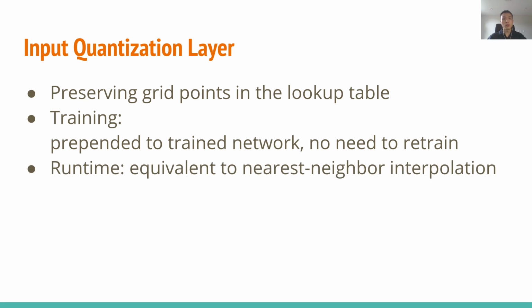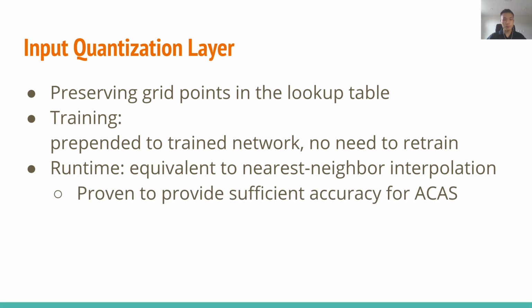At runtime, this input quantization is equivalent to the nearest label interpolation. And we quantize each dimension independently so that it can be efficiently implemented in the target flight control system. And this nearest label interpolation has been proven to provide sufficient accuracy for the ACAS tasks.